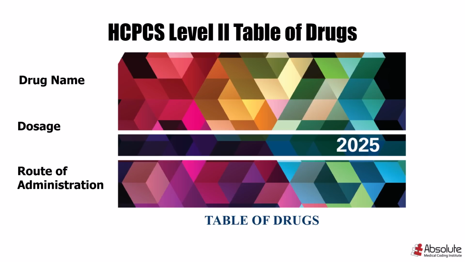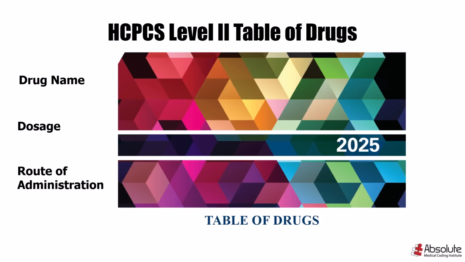The HCPCS Level II codes are found at the table of drugs. Do not confuse this with ICD-10-CM drugs and chemicals. They have a table of drugs and chemicals that are used when you have poisonings, but these are used when a provider provides the medication or the injectable.